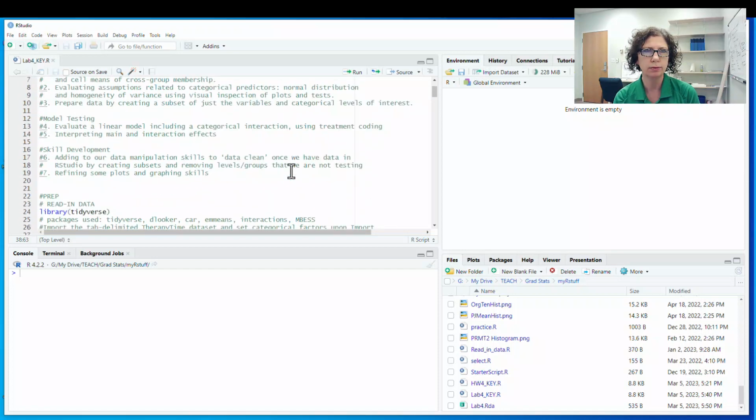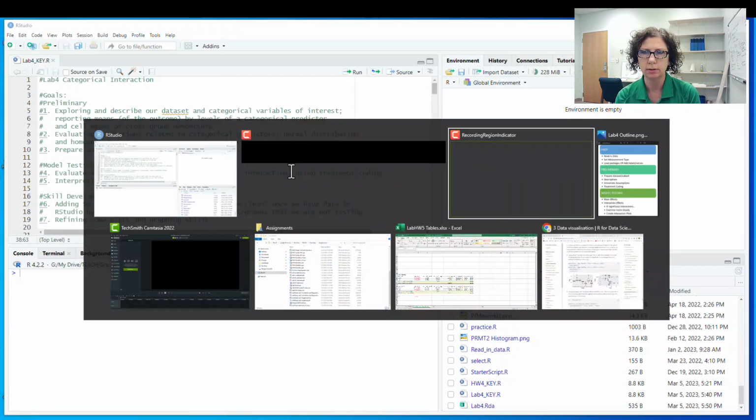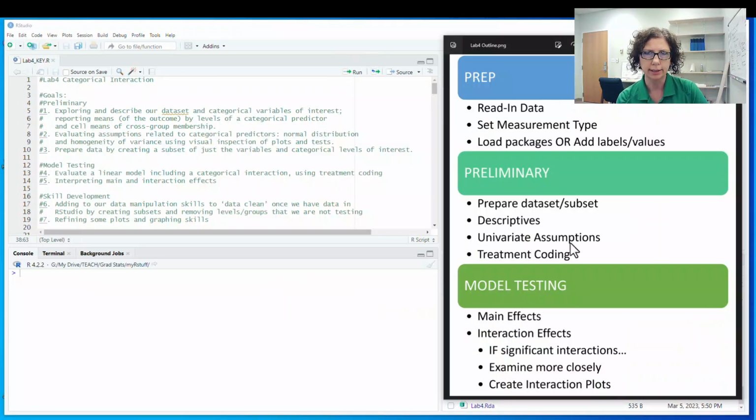As we move through our lab, we have a little outline here. For prep, we need to read in the data. It's going to be a tab delimited file, set the measurement type, and load packages for R. When we're in SPSS, we'll add labels and values.